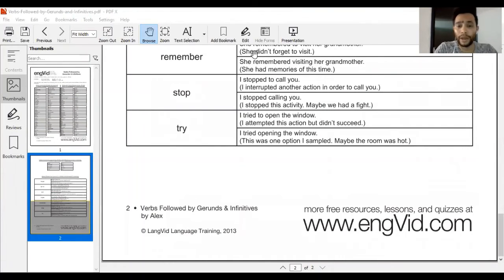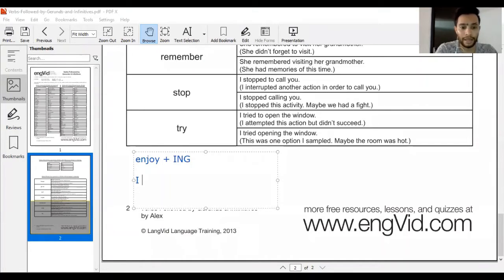Now, why do I say always, guys? Let me give an example. I'm going to choose the verb enjoy. The rule says that enjoy goes with the ing pattern.